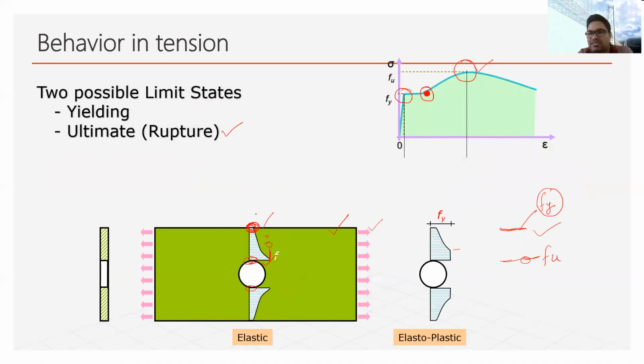When the stress is at ultimate level, the stress near the hole is ultimate, which is Fu, and the stress near the away part is about Fy. So when this condition is achieved, if we further apply the force, what will happen?